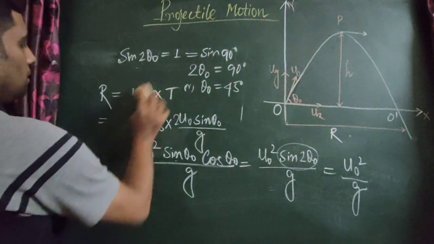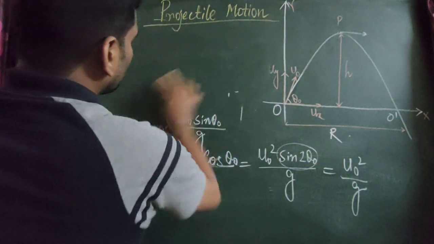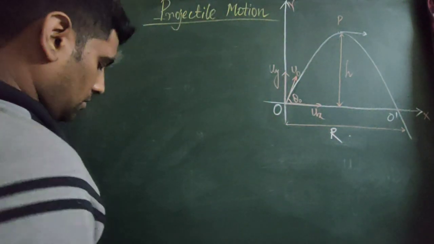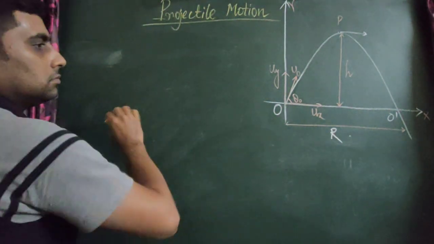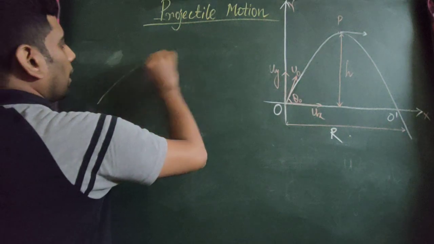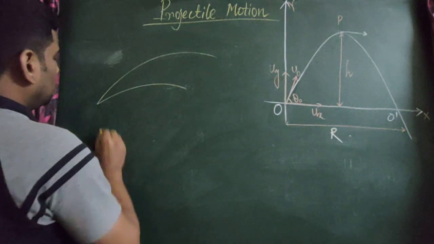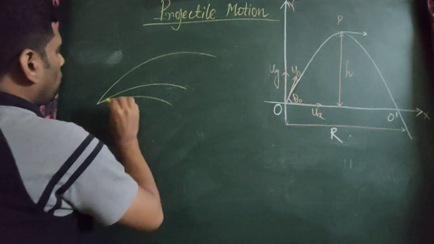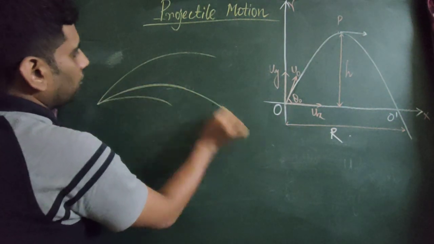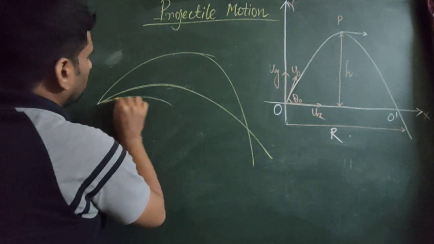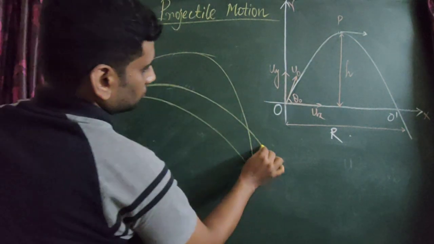Well, now let me show you one interesting fact regarding projectile motion. One object is thrown at an angle of 60 degrees, one at 45 degrees and one at 30 degrees. The 45 degree one goes here horizontally, the 60 degree comes here, and the 30 degree also comes here.